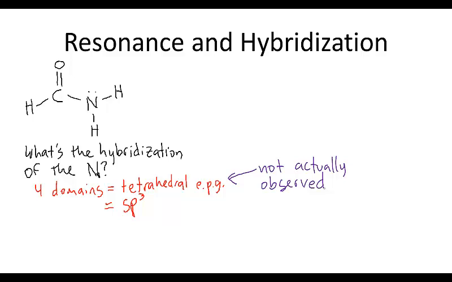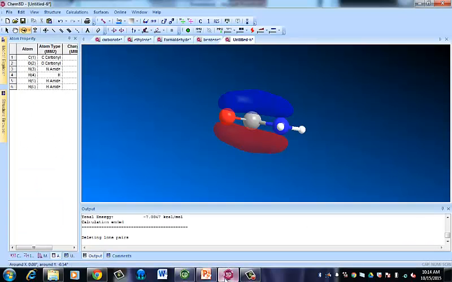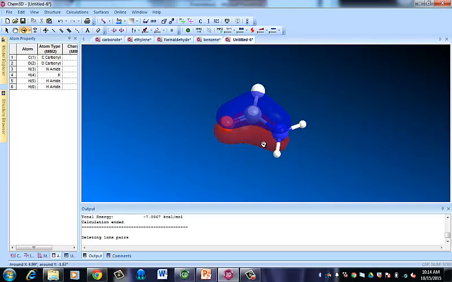So I'll go back to that image. This molecule is actually completely planar. See, that nitrogen is definitely not a pyramid. It's perfectly flat.